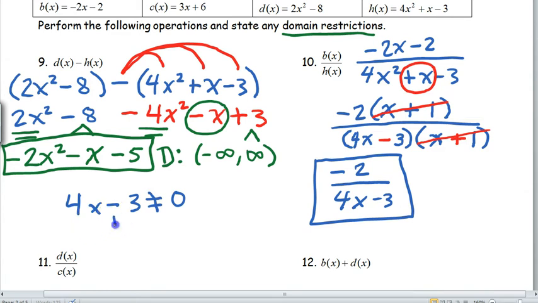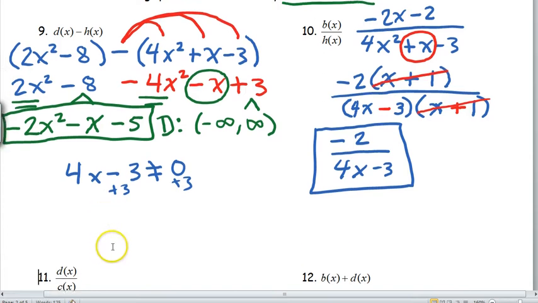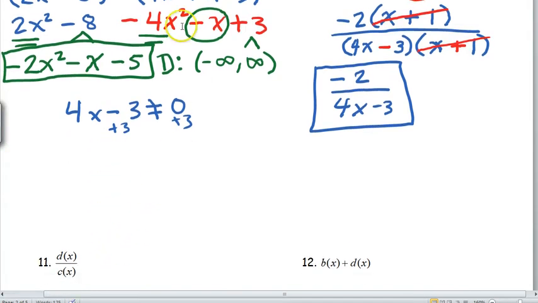So now I can just solve this for x, and that will tell me my restriction. So if I add 3 to both sides, that's telling me that 4x cannot be 3.